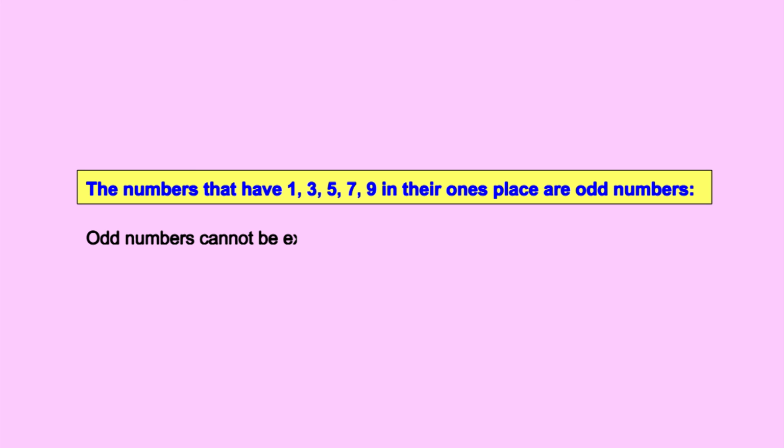The numbers that have 1, 3, 5, 7, 9 in their ones place are odd numbers. Odd numbers cannot be exactly divided by 2. There will always be a remainder of 1.